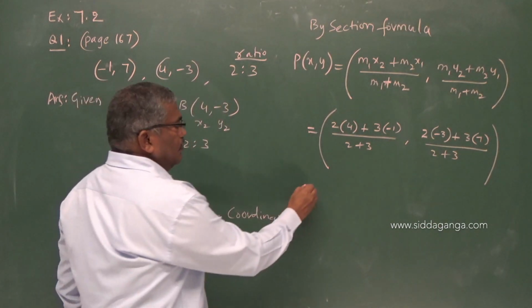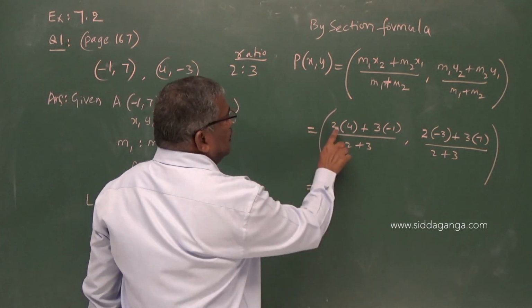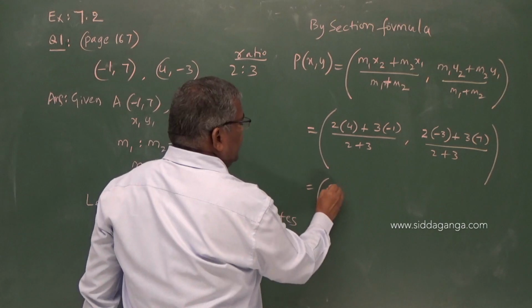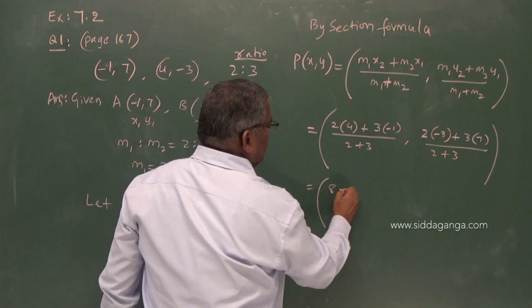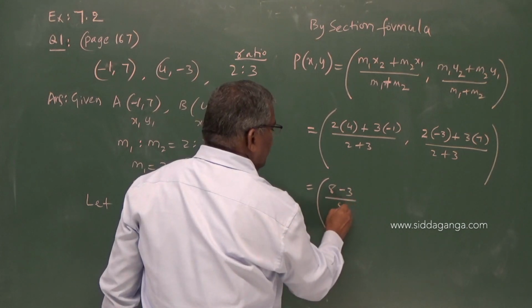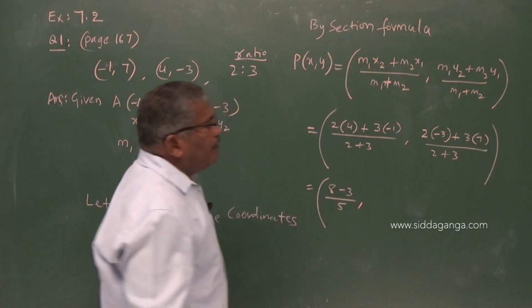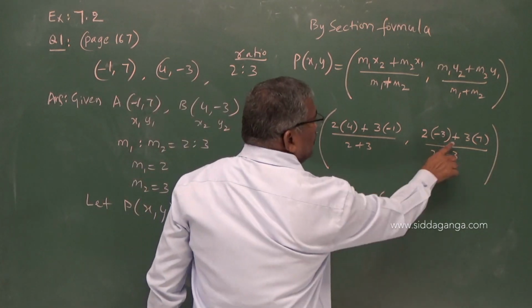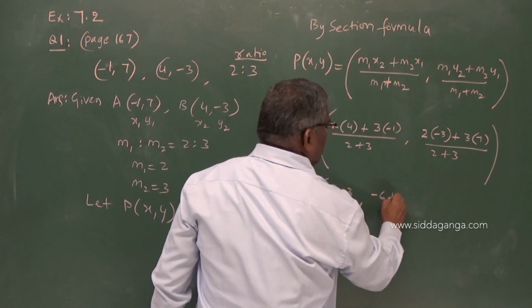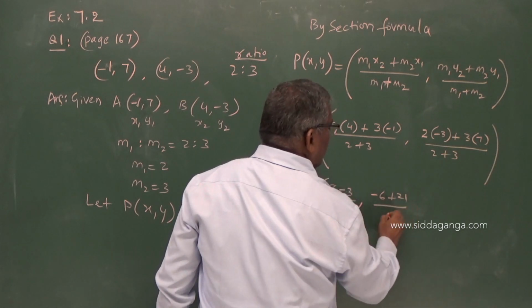So this equals 4 into 2 is 8, and 3 into minus 1 is minus 3, divided by 5. 2 into minus 3 is minus 6, 3 into 7 is plus 21, divided by 5.